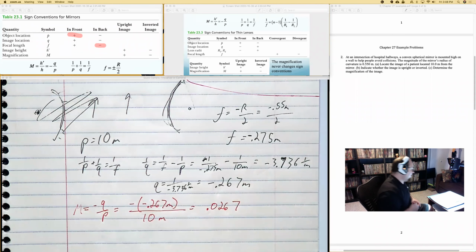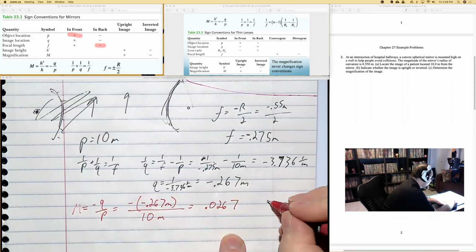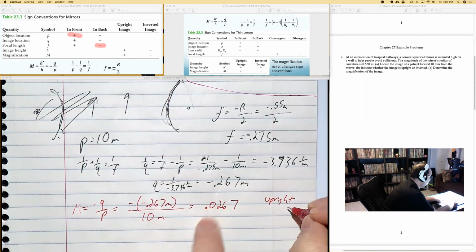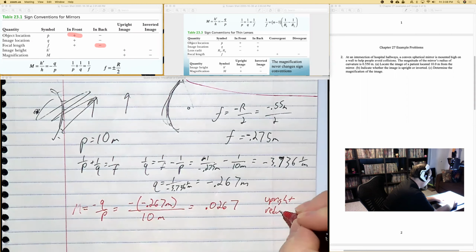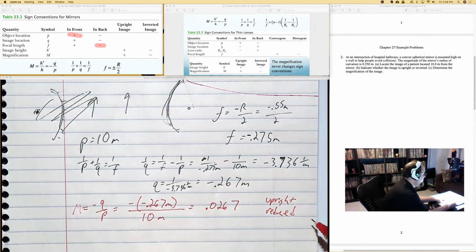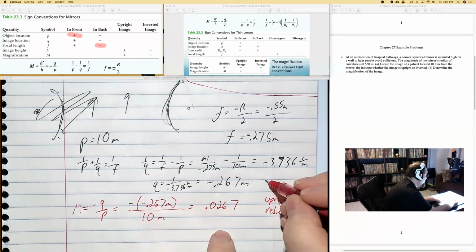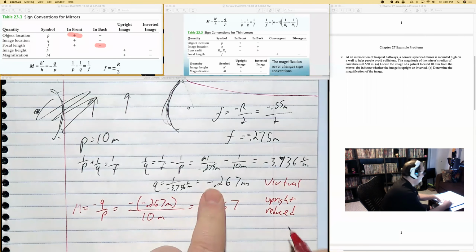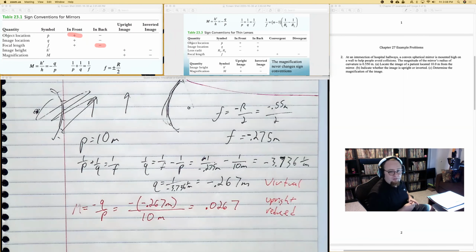Now I can look at this and say that it is upright because this is positive. I also know it's reduced, if I ever ask for that, because that's less than 1. And I didn't ask for this problem, but I could also say it's virtual since that was a negative answer right there.